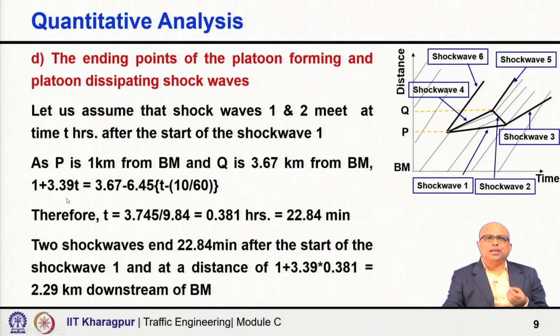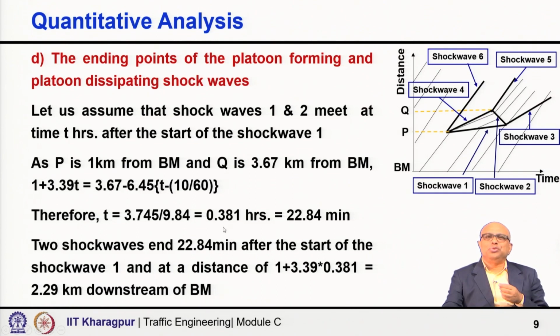So, what we can get at point P, 1 kilometer from the benchmark, Q is actually 3.67 kilometer from the benchmark. So, therefore, as these two shock waves are meeting, 1 plus 3.39 t for the shock wave 2 and equal to 3.67 minus 6.45 into t minus 10 by 60.